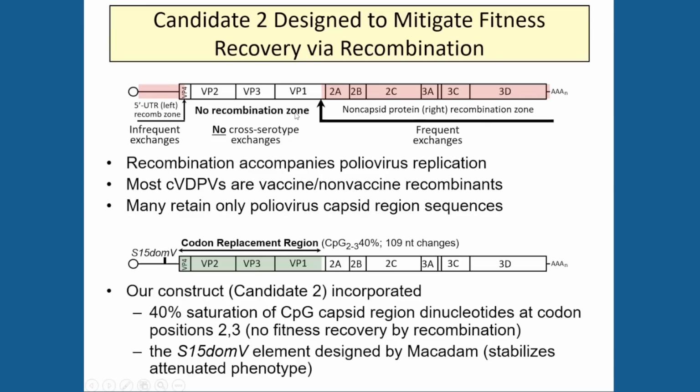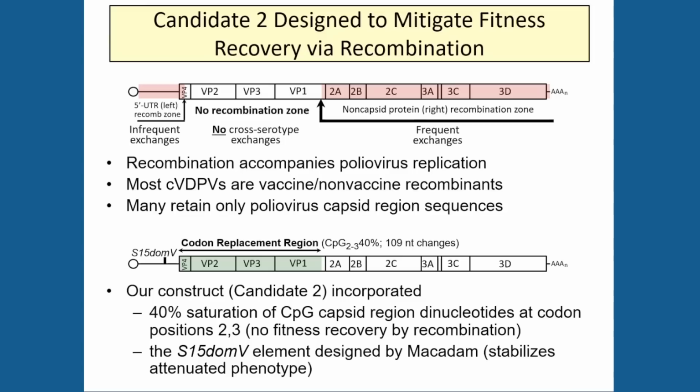There's a no recombination zone here where we saw no cross-serotype exchanges, but exchanges within a serotype were still frequent in natural infections. So the key point is recombination accompanies poliovirus replication. Most cVDPVs are vaccine, non-vaccine recombinants, and many retain only the poliovirus capsid region sequences.